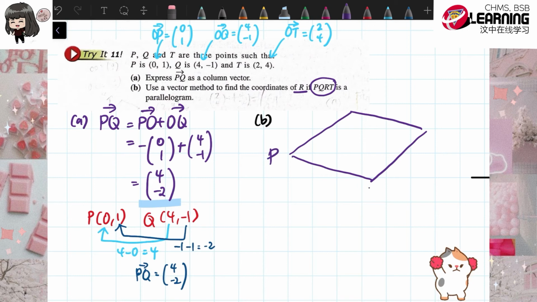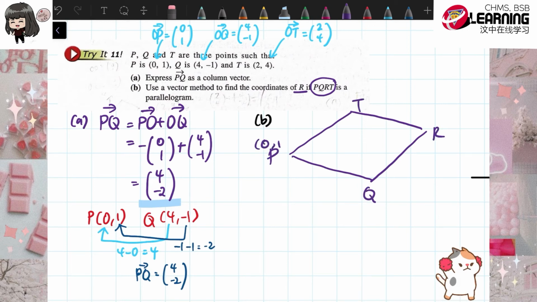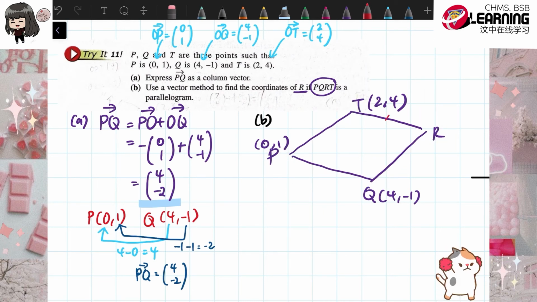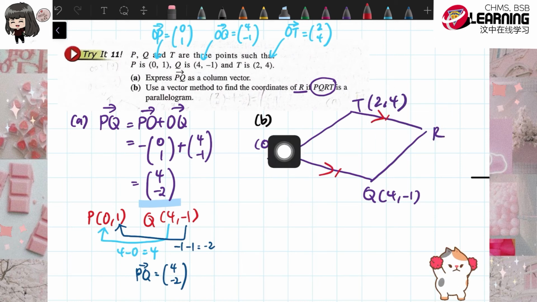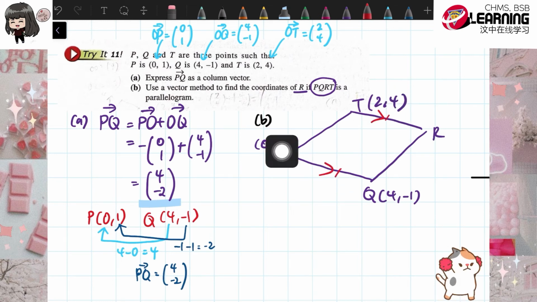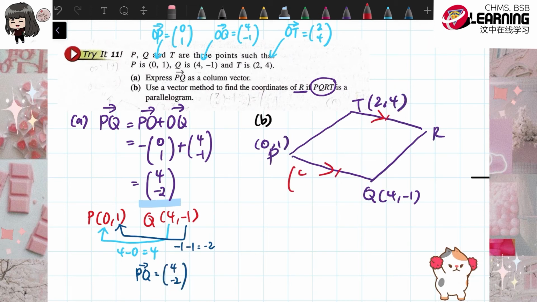Let's say P, Q, R, T. Your P is 0, 1, your Q, and your R you don't know, your T is 2, 4. What you have is only the coordinates, and you note that it's a parallelogram, which means that the length here and here are the same, and PQ is parallel with TR. They have the same vector. PQ you already have: 4, negative 2.